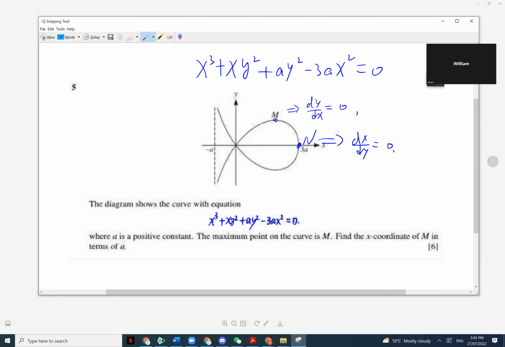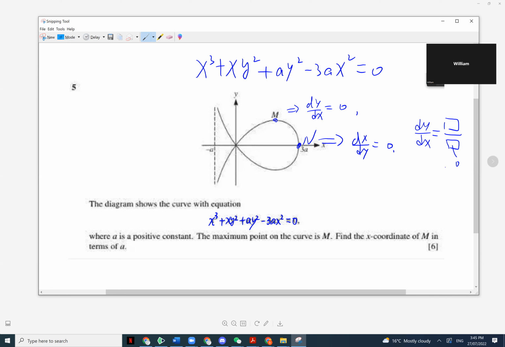So if you got dy/dx, this part is 0. Or if you do dx/dy, 0. Okay, so the question here, we need to find a point where the gradient equals 0.